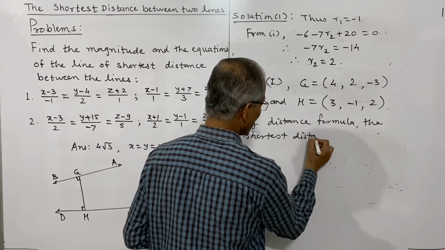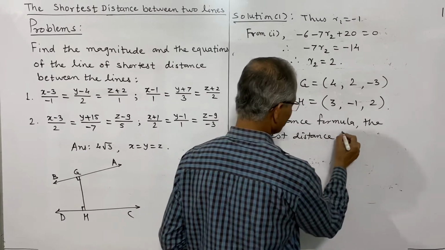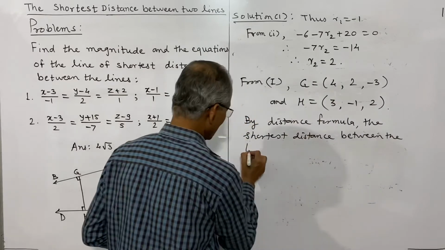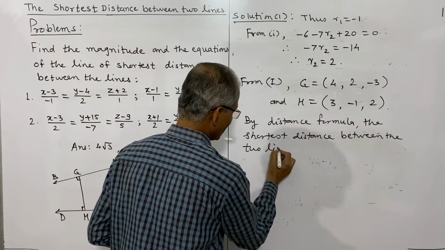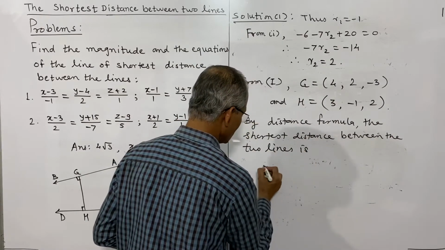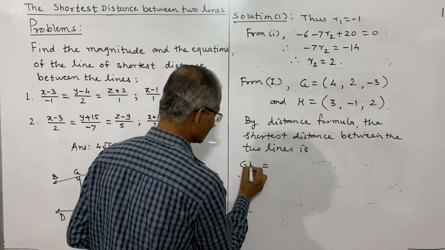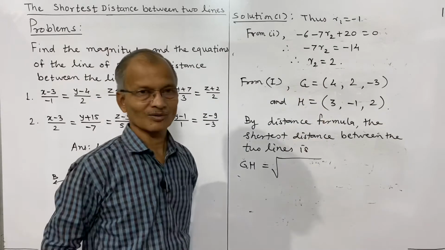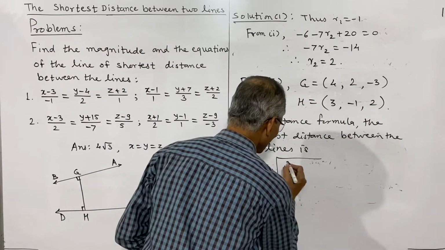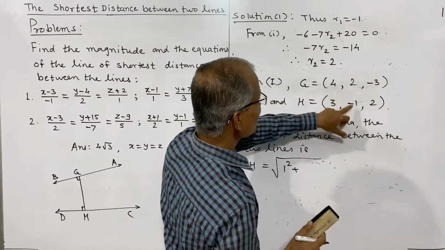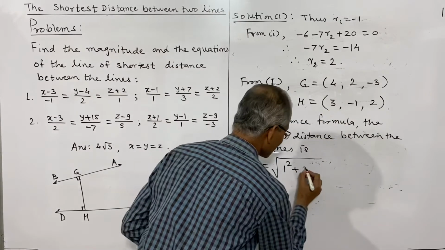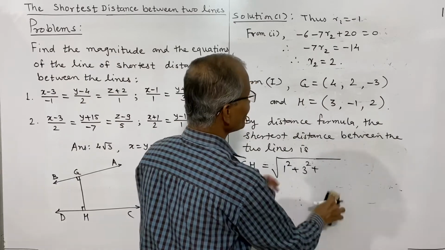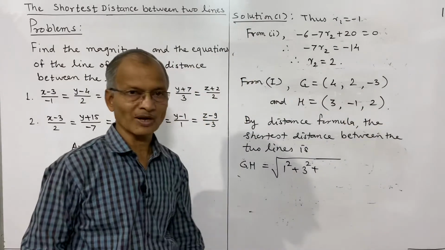GH is equal to the square root of (4 minus 1) whole square, that is 1 square, plus (2 minus of minus 1), that is 3 square, plus (minus 3 minus 2), that is minus 5 whole square.